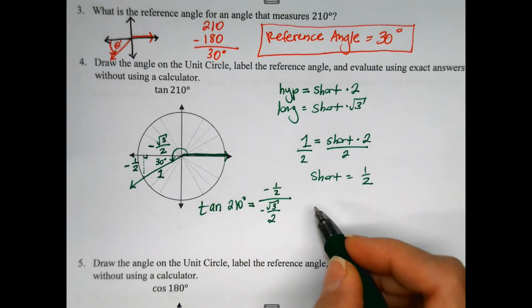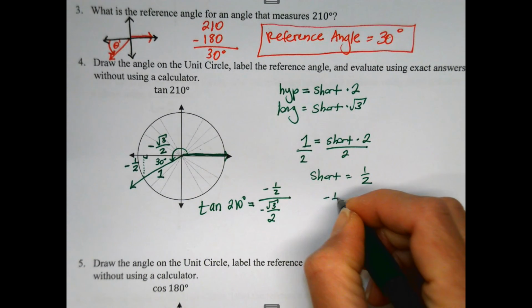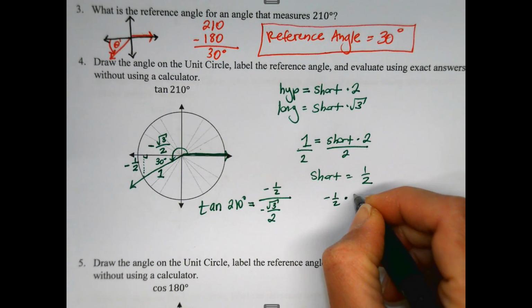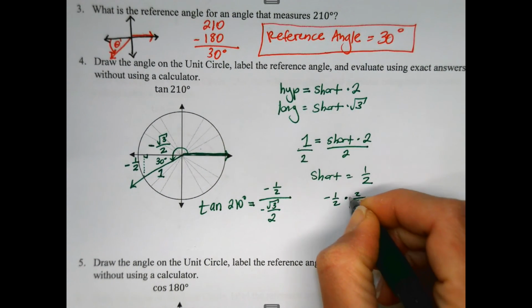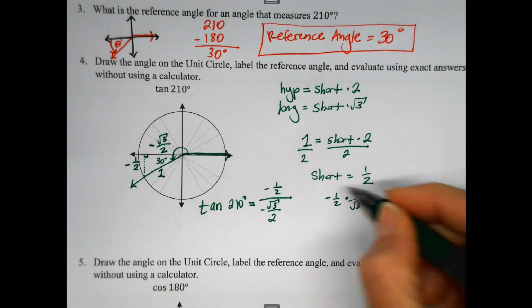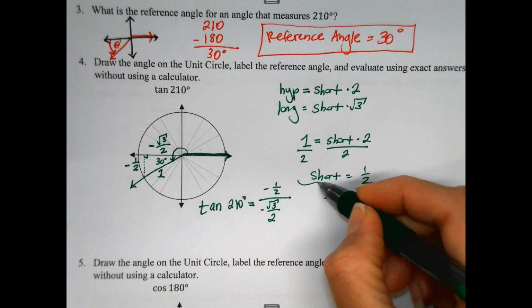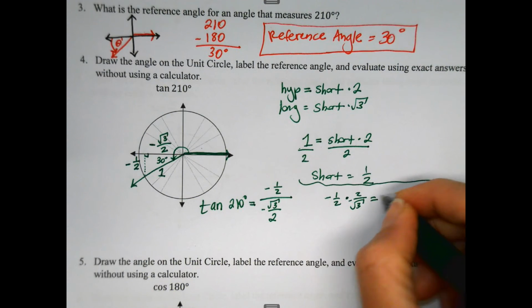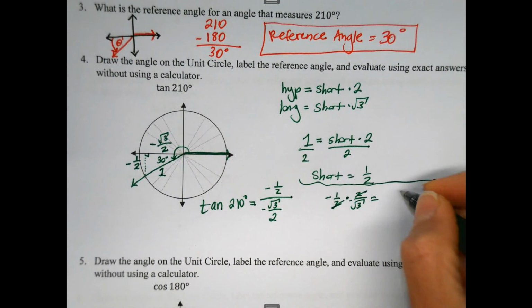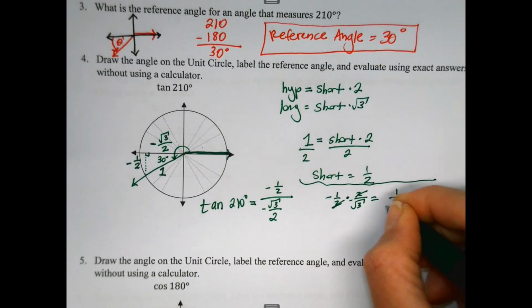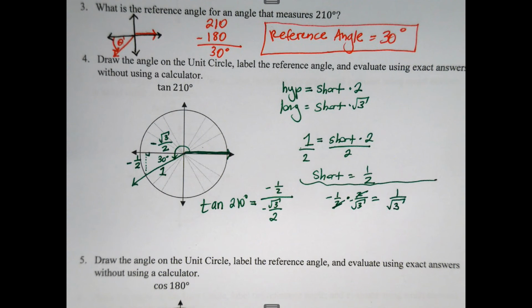Since we have a division of fractions here, we are going to have to multiply by our reciprocal. When we multiply by our reciprocal, our 2's cancel, and we end up with 1 divided by the square root of 3. Then we're going to need to rationalize.